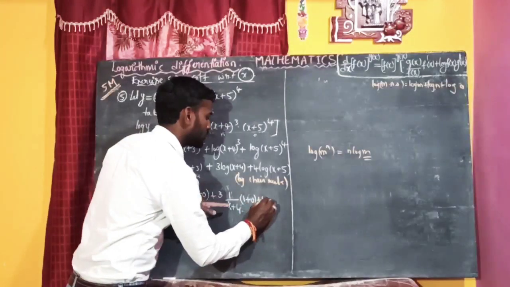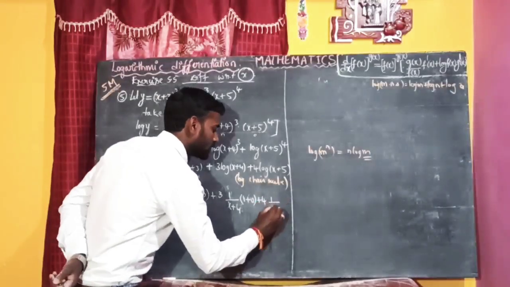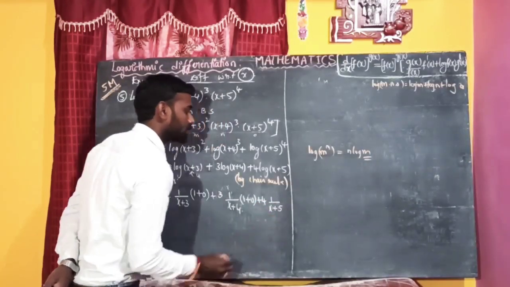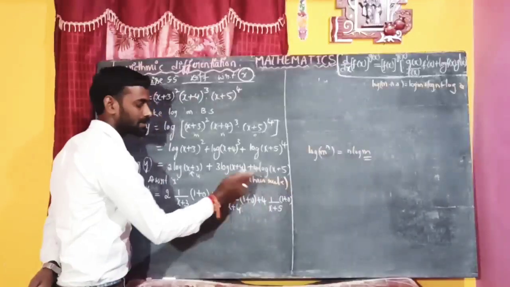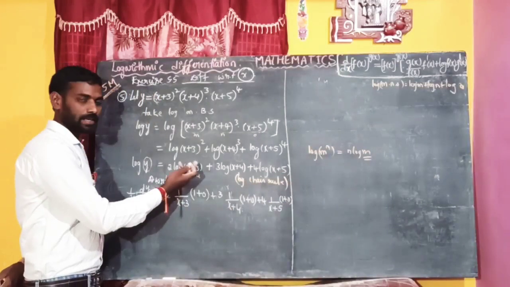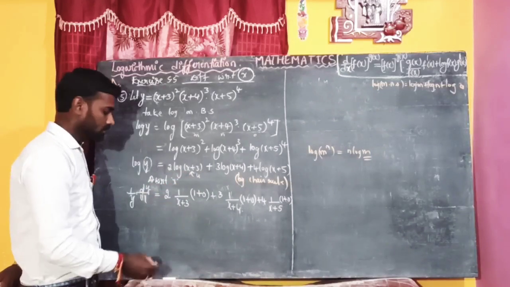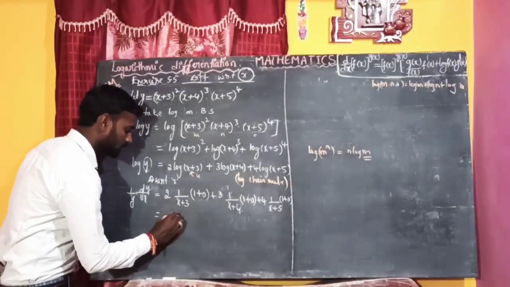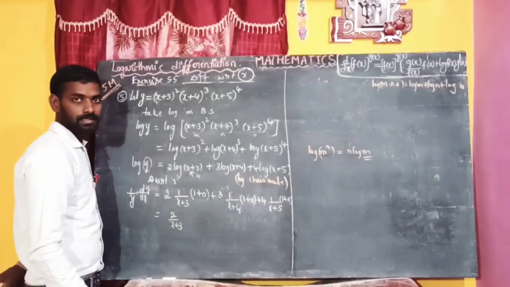Next, plus 4 into derivative of this log x plus 5 is 1 by x plus 5 into derivative of x plus 5 is 1 plus 0. Derivative of x with respect to x is 1, derivative of 5 is 0. From the next questions, directly I will differentiate these functions. Now guys, 2 by x plus 3 into 1 plus 0 means that is 1.